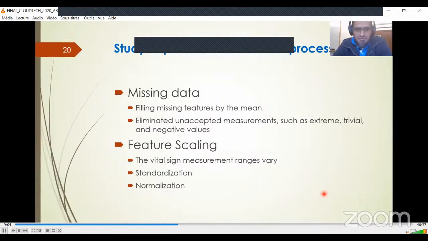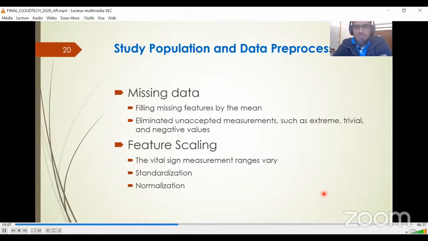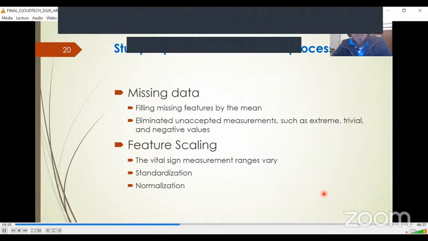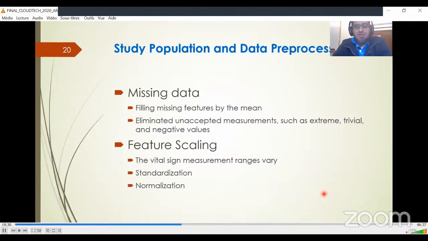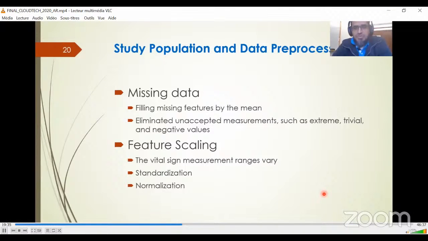Also, we did some feature scaling because I found that vital signs are not on the same scale. The range varies. For example, the normal heart rate for adults, based on my reference, is between 60 to 100 pulses per minute, but the normal respiration rate for adults, based on my reference, is between 14 to 23 respirations per minute.